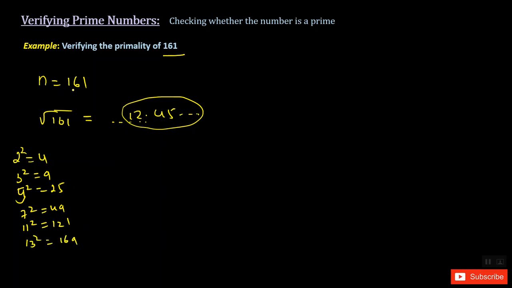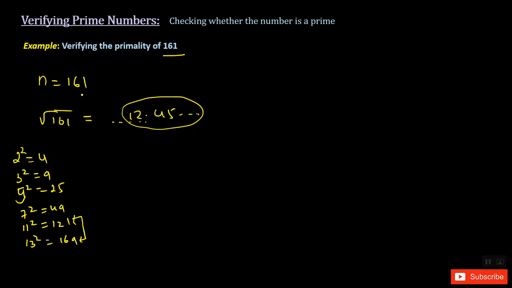The number 161 they have given us is greater than 121 and smaller than 169. So definitely the square root of this number should be greater than 11 and lesser than 13. That's why I'm taking it approximately as 12 point something.